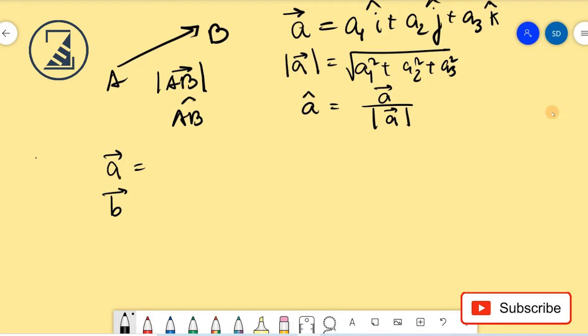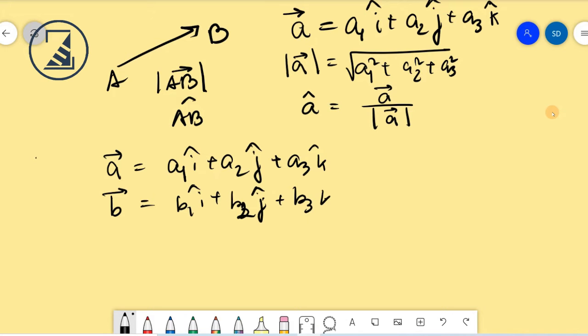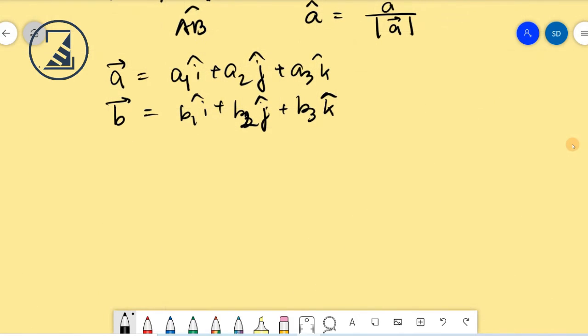Say A is represented as a1 i, a2 j and a3 k, and B is represented as b1 i, b2 j and b3 k.